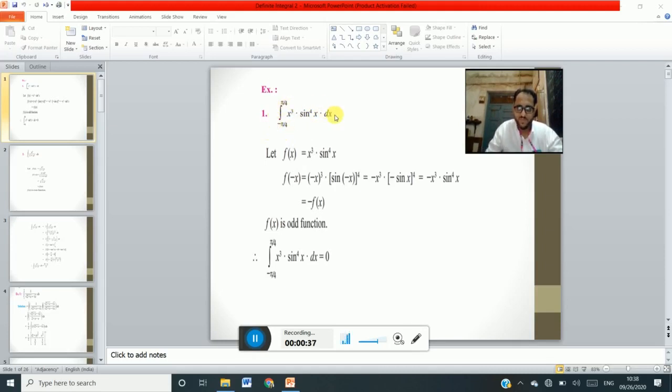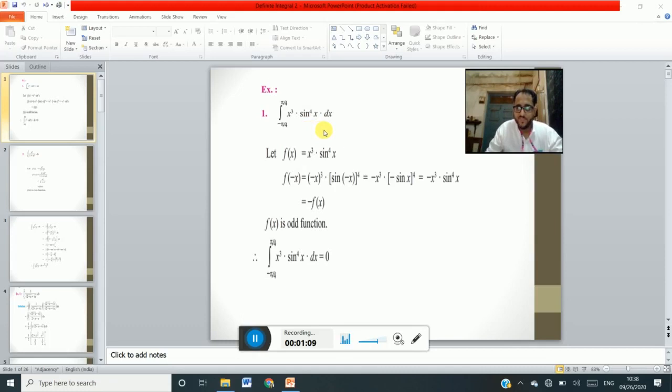So similar to this, the property is property number 8, the last property, that is different for even and odd functions, right? The result of that property is different for even and odd functions, that is, integration from minus a to a of f of x dx equals 0 if the function is odd, and equals 2 times integration 0 to a of f of x dx if the function is even.